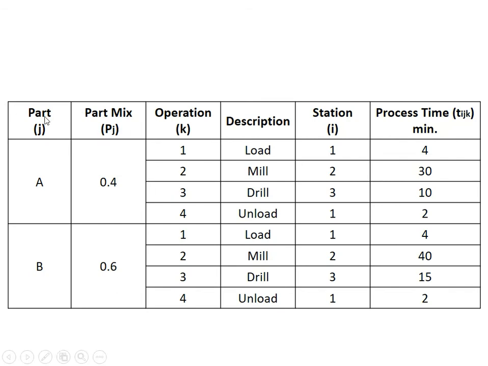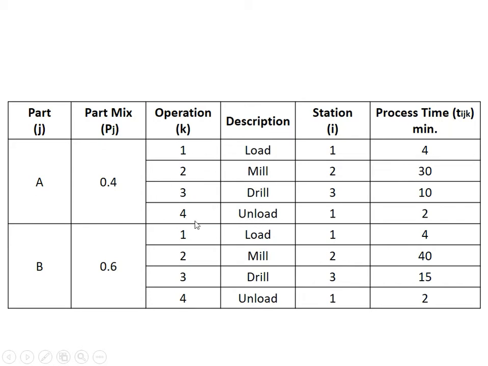So as you can see, these are parts A and B, and j is the design or style. That is why j is kept over here, and pj values are already given in the table, 0.4 and 0.6 for A and B respectively. And there are three stations, but four operations: first is loading, second is milling, third is drilling, and fourth is unloading.